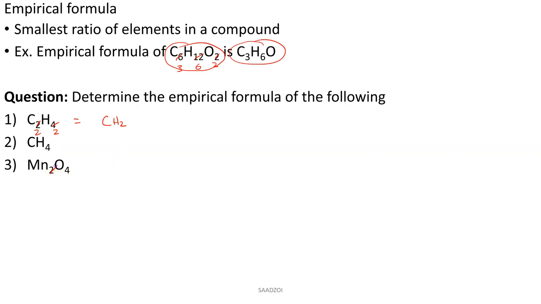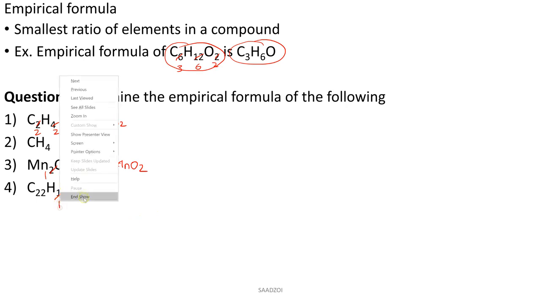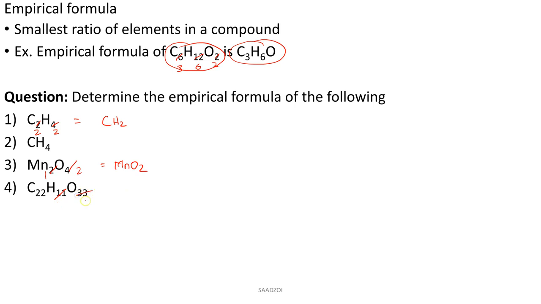Here, 2 goes in 2 once, twice. You get MnO2. Here, the smallest ratio would be determined by dividing everything by 11. So that gives you 1. That gives you 3. 33 by 11 is 3. And 22 divided by 11 is 2. So your answer becomes C2H3O.